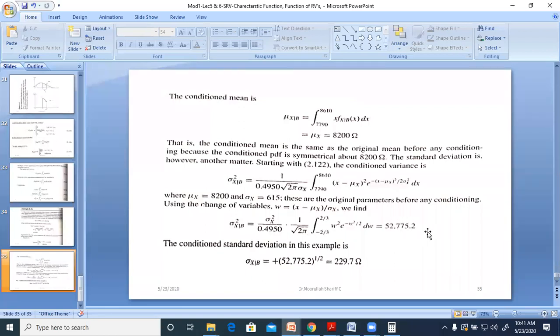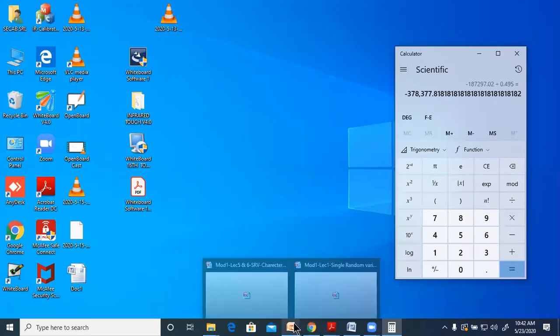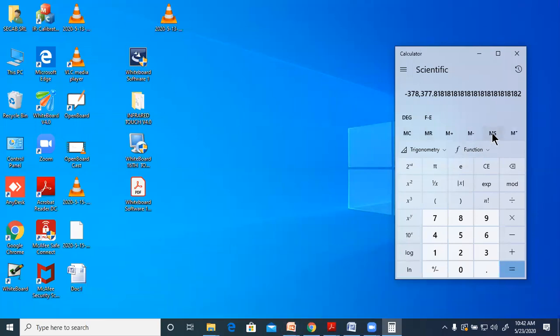Maybe after that you will get this figure. 615 squared divided by 0.495, and then divided by root 2 pi, multiplied by minus 1.